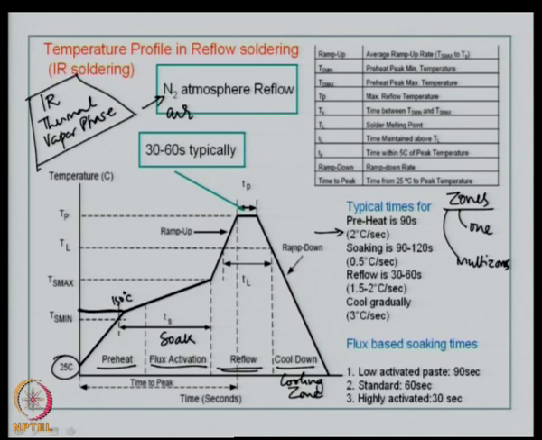Now, once the preheat maximum temperature has been reached, you now move into the activation zone. The important point here that you have to consider is activation zone will be crucial for the solder paste getting activated. Now, let me take your attention to the bottom of the slide, where I have talked about flux based soaking times.